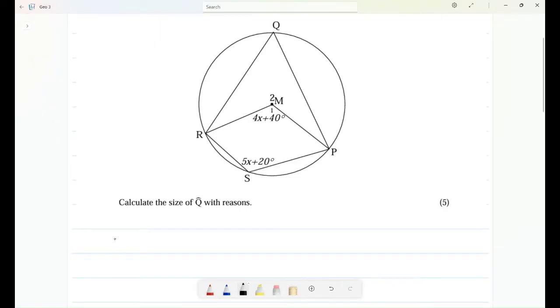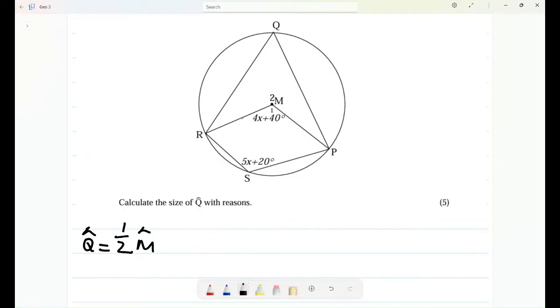So I said angle Q is equal to half angle M. Again, because I know this is the same as saying angle M is twice angle Q. So it is the same.